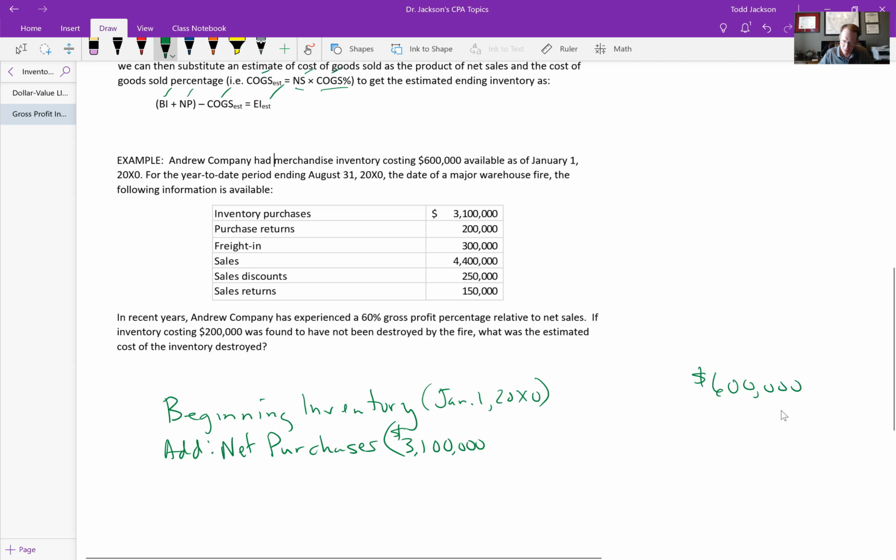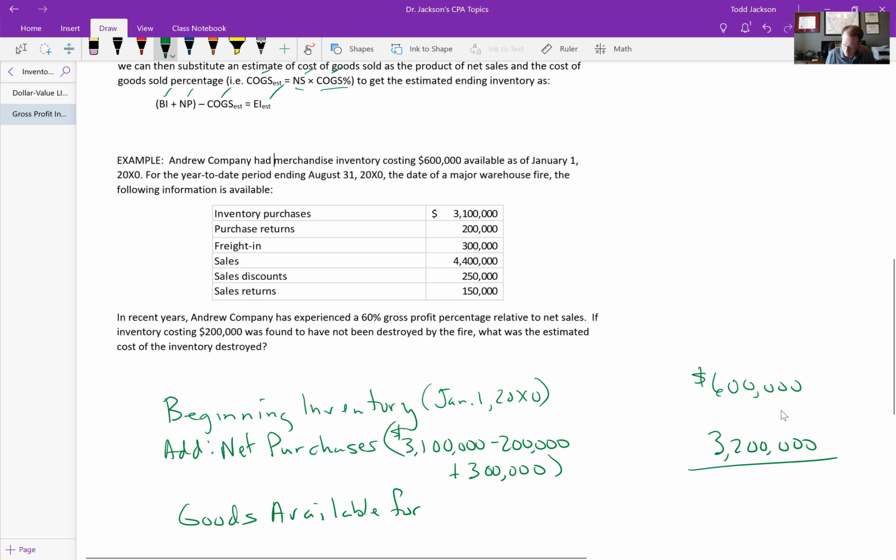We need to subtract any purchase returns, $200,000, and then add the freight in as an additional cost of our purchases. And so that will of course take us to $3.2 million. That will give us our goods available for sale at $3.8 million.